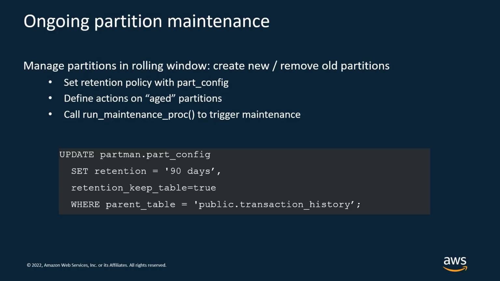Or if we don't need the data anymore, we can also set the retention keep table parameter to false to simply drop the partition. This maintenance operation is triggered whenever the run_maintenance_proc function is called.